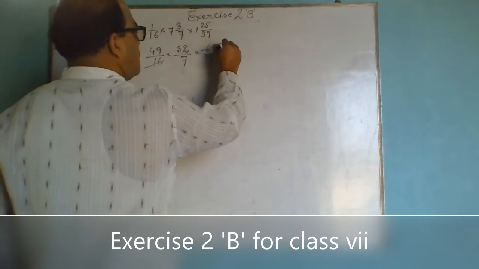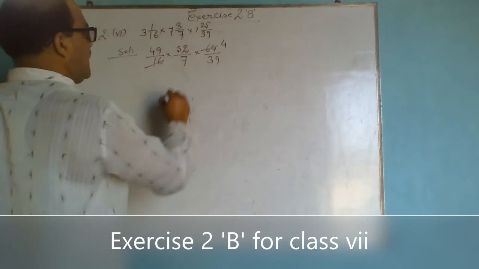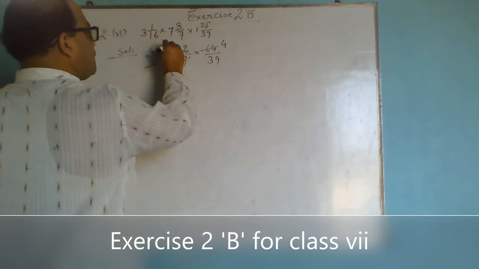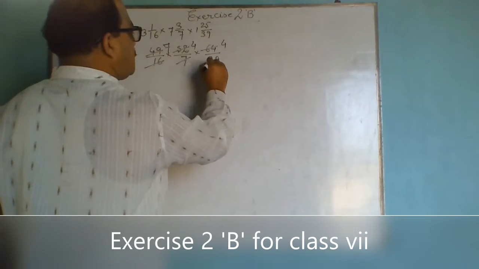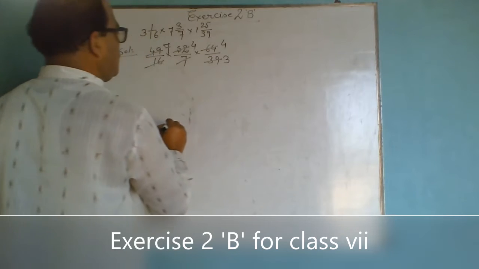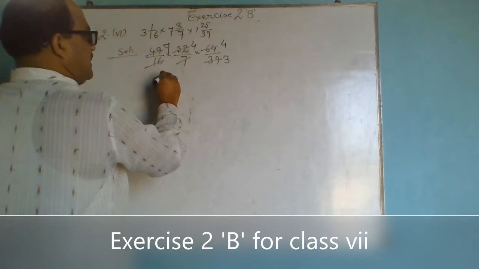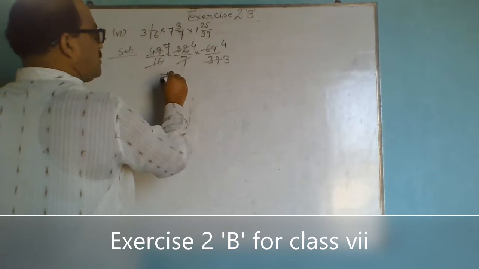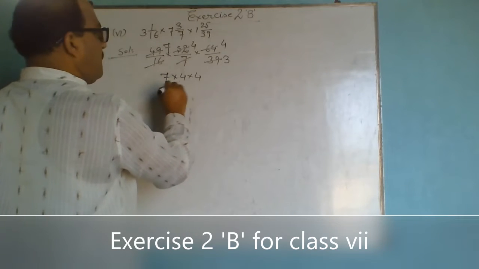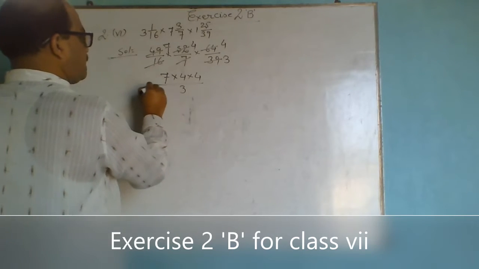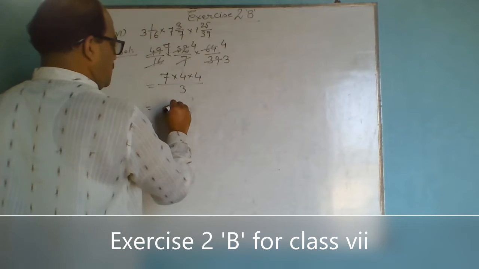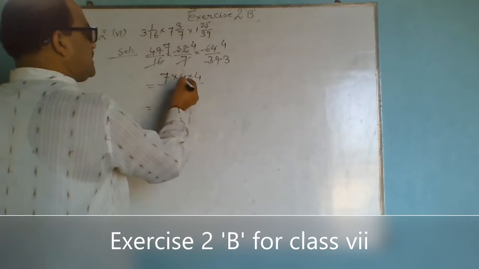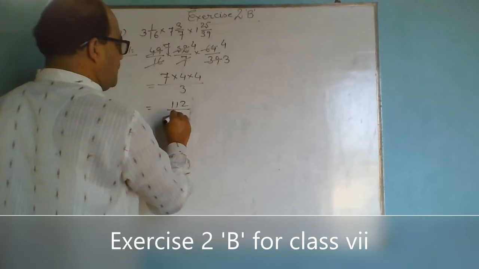16 fours are 64, 7 sevens are 49, 13, 13 fours are 52 and 13 threes are 39. So the rest part is 7 into 4 into 4 by 3. 4 fours are 16, 16 sevens are 112 by 3.